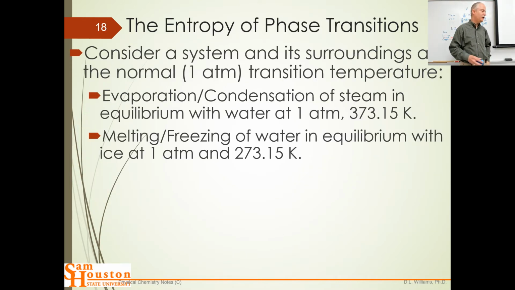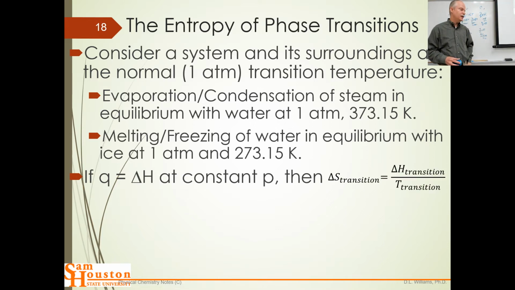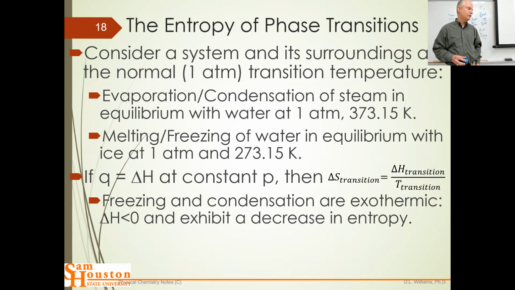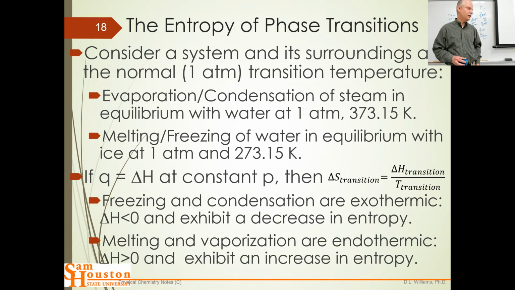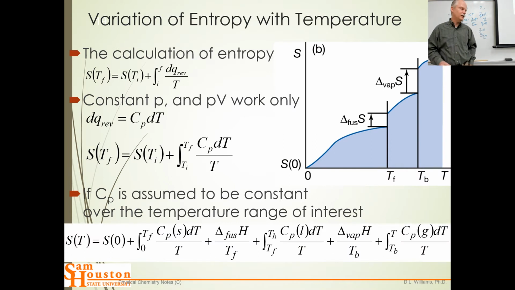We can talk about entropy of phase transitions. It's the change in heat with respect to temperature. We get the entropy change for that phase transition. So let's look at some of those phase transitions. You're going along over here on the chart.